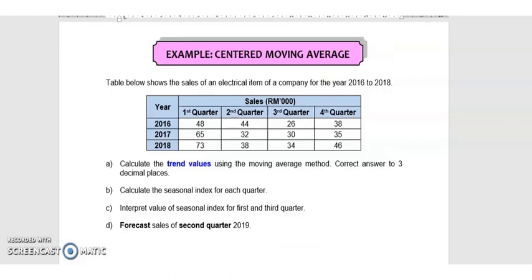Okay, now let's go back to the data. Look at question A: calculate the trend values using the moving average method. Correct answer to 3 decimal places. So you need to tabulate this data into the table with the 6 columns.